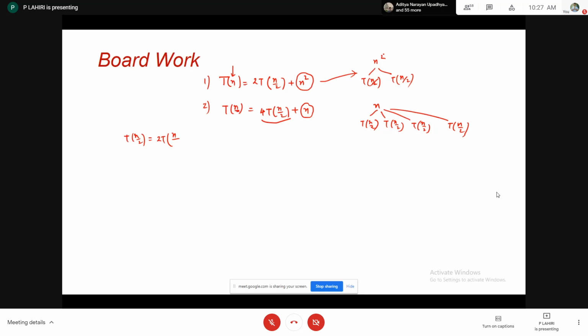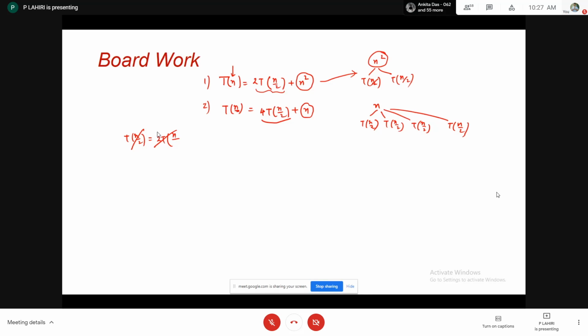But be careful. Here, what is the root? The root is n square. From n square you are getting 2T of n by 2 two times. So be careful for expansion of it. So T of n by 2, T of n by 2, fine.